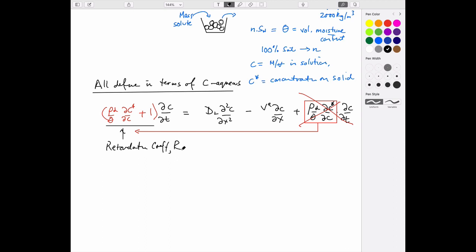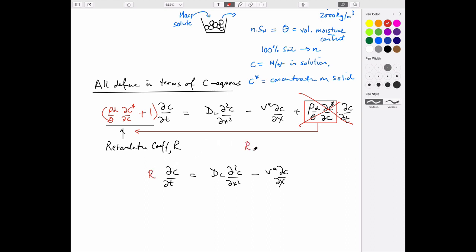Which we'll call R. Which means that we can just write this expression as something like rate of change of concentration with time is equal to d sub L second partial minus the first partial. So nothing different from what we've seen before. But now this is pre-multiplied through by this retardation coefficient.